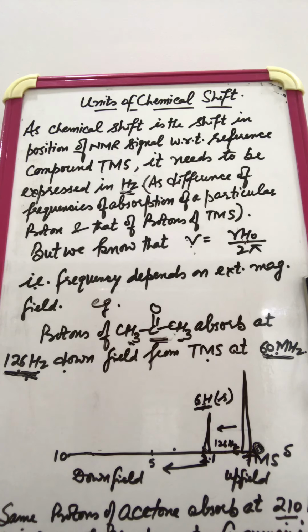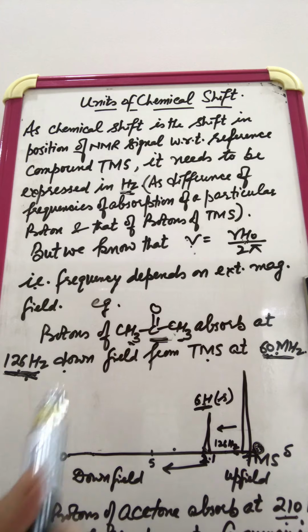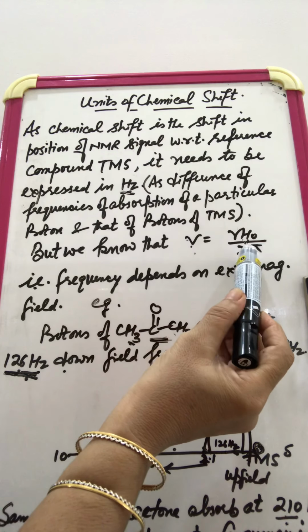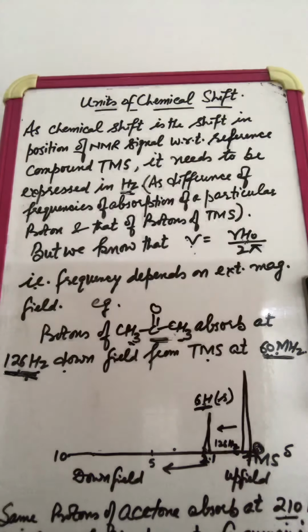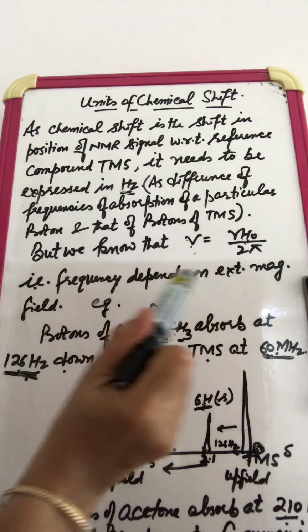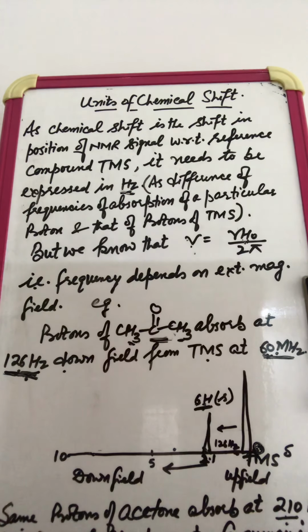But now we know that frequency and external magnetic field are related to each other by the formula nu equals gamma H naught upon 2 pi. That means if the frequency of the oscillator changes, the magnetic field will also change. That is, frequency depends on the external magnetic field.